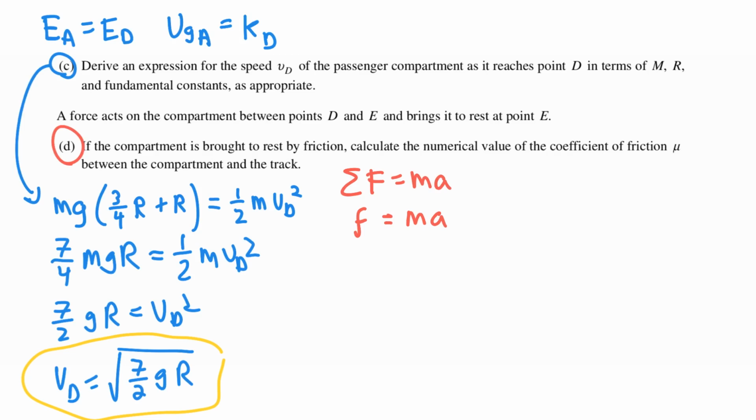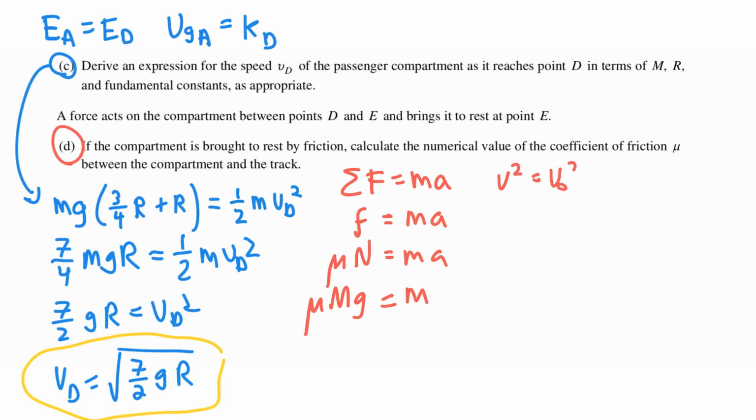That friction is equal to the coefficient between the track and the compartment times the normal force. And I know that the normal force, because the track is level, is equal to the weight of the compartment. So mu times m times g on the left-hand side. I know the masses are going to cancel here, but I do need to come up with an expression for the acceleration, which I think can be achieved by writing a kinematic equation.